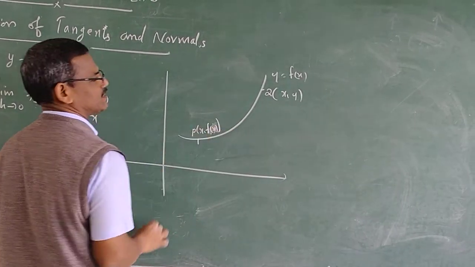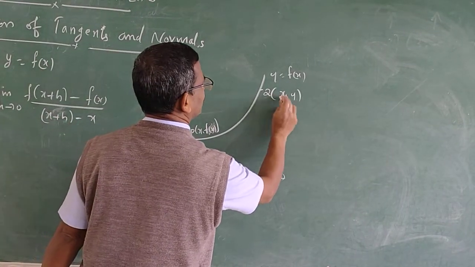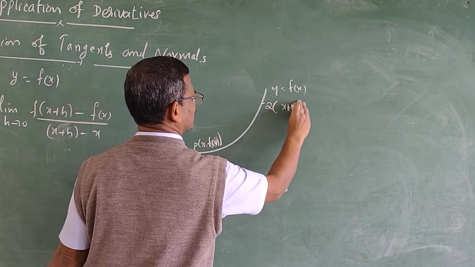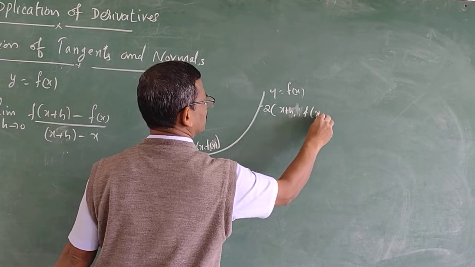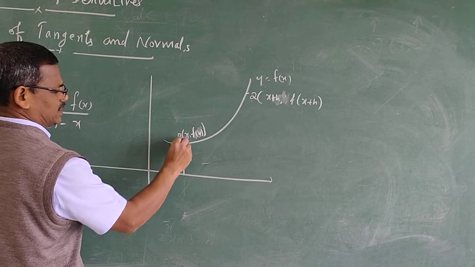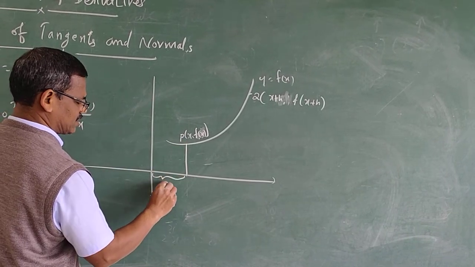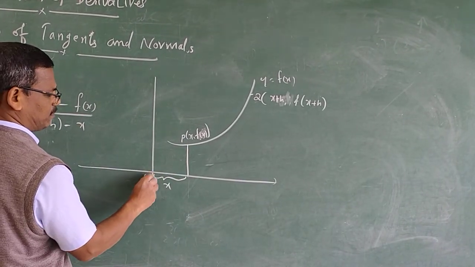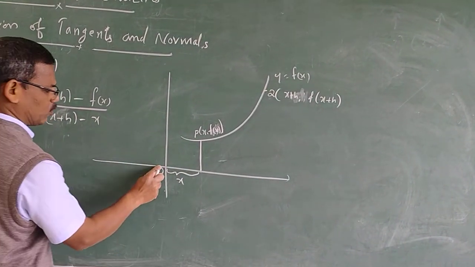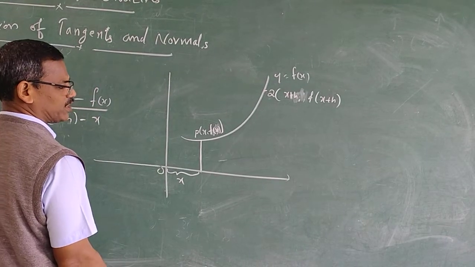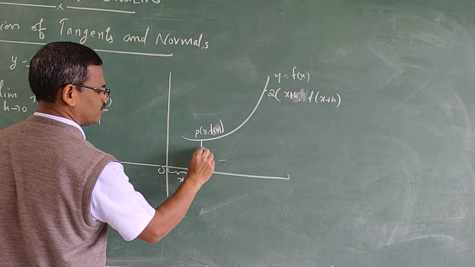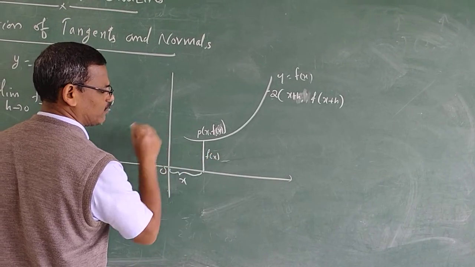I will take x plus h as the x coordinate of the other point, so its y coordinate is f of x plus h. The x coordinate is the distance from the origin to the foot of the perpendicular dropped to the x-axis.